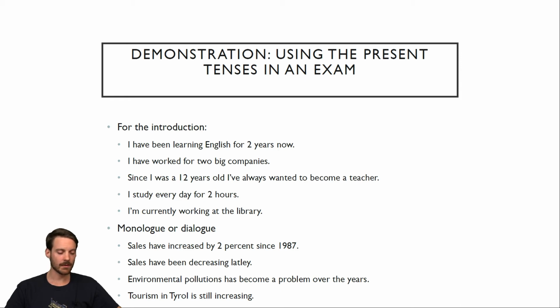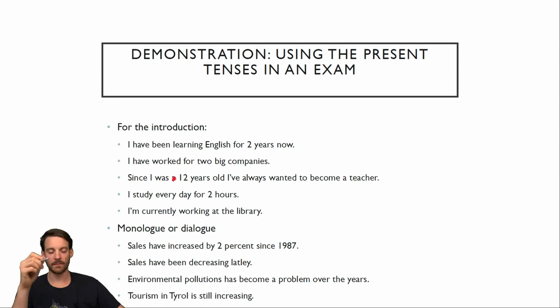The other example, I've worked for 2 big companies, focuses on how many companies you have worked for so far. Then the next sentence, since I was 12 years old, I've always wanted to become a teacher.